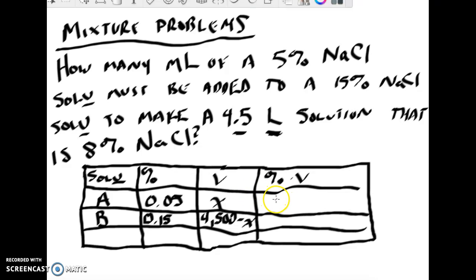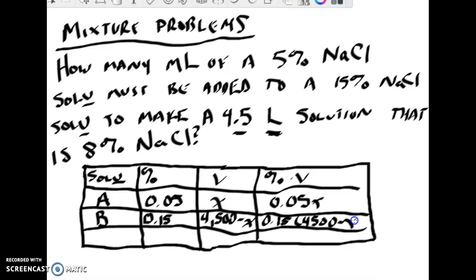Okay, and now percent times volume. So here we're going to have 0.05x, so 5% times the unknown. And here we're going to have 0.15 times 4,500 minus x. Remember, that's a quantity.